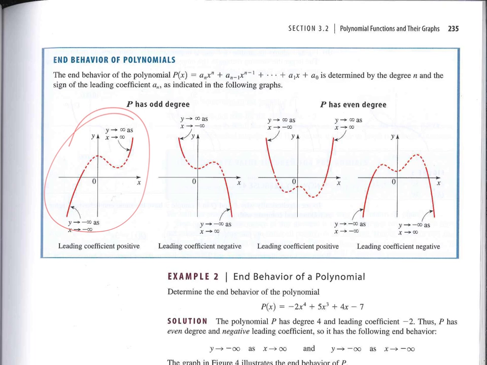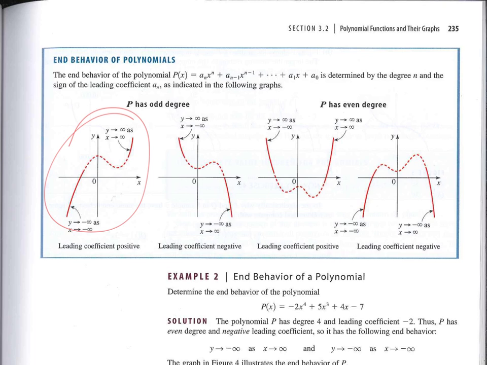It would be this if n were some kind of odd power like 3, 5, 7 or 9, and the an, the number before it, were a positive number. This would be the same thing, but for when the an were a negative number. You'd start up here and you'd end up down here.